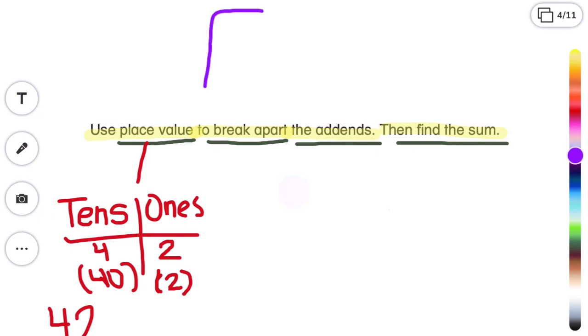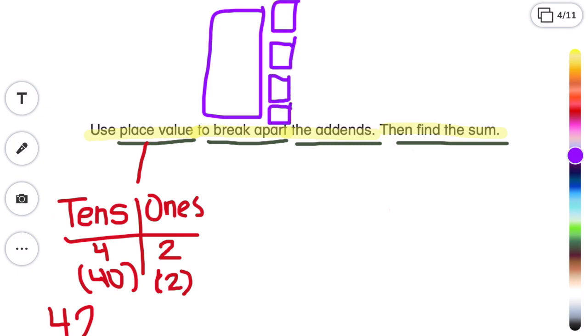When we break something apart, we make it into smaller pieces. Add-ins are the numbers in an equation, in an addition equation. So something that would go here is an add-in, and something that would go here is an add-in. And lastly, then find the sum.